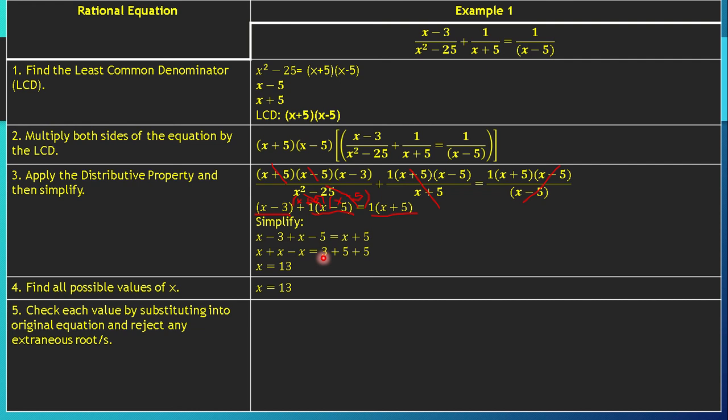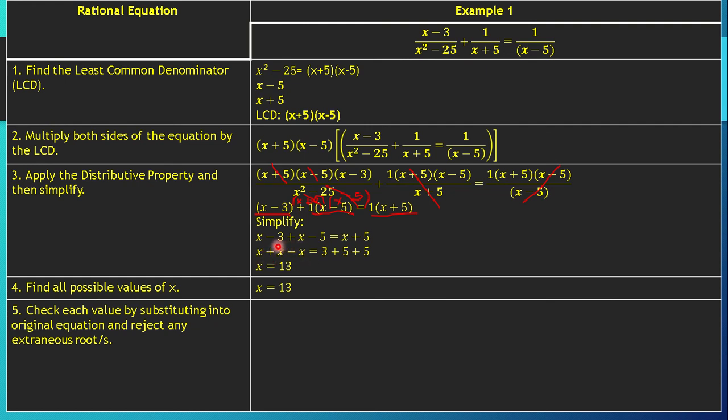So, ngayon, pagsamahin natin yung mga variables, pagsamahin natin yung mga constant terms. Okay. So, meron tayong x dito at x din dito. So, yung x na nandito sa right side, lilipat natin, kaya meron tayong negative x dyan. Okay, so x plus x minus x.